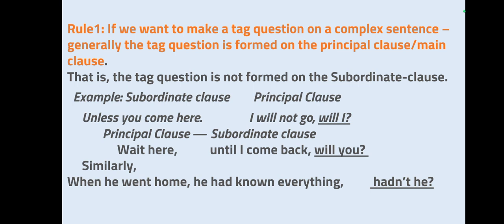The second example is: wait here until I come back, will you? Same thing here also. The tag question will you is formed on the principal clause, wait here. Similarly, when he went home, he had known everything, hadn't he? Here also the tag question hadn't he is formed on the principal clause, that is, he had known everything.